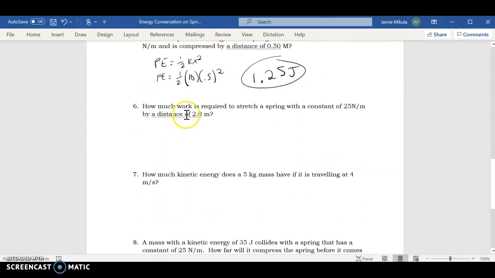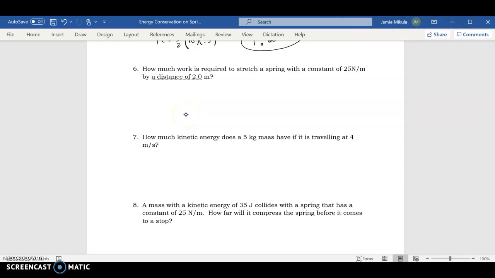Number 6, how much work is required to stretch? Work equals 1/2 kx squared. Work equals 1/2 times 25 times 2 squared. So that would be 50 joules of work.